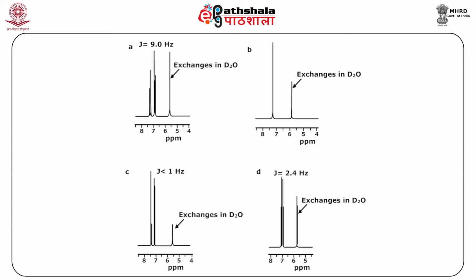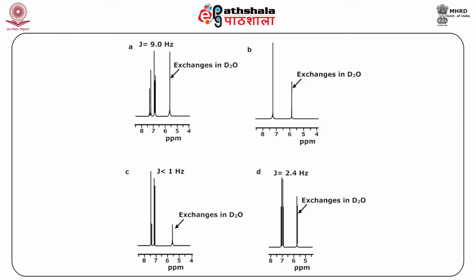Here in all these examples, what we observe is that the coupling constant is different for the different spectra. What we have to do is correlate the coupling constant with the given structures. As we can see, the first structure shows a coupling constant of 9.0 Hz. The second does not show any coupling constant.